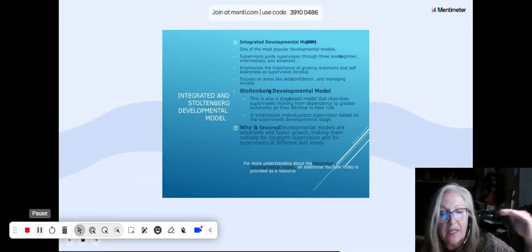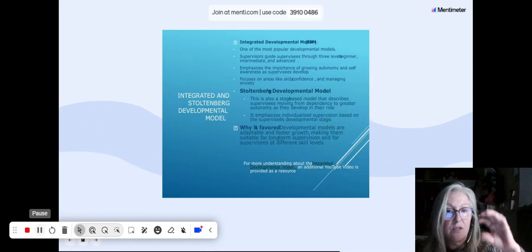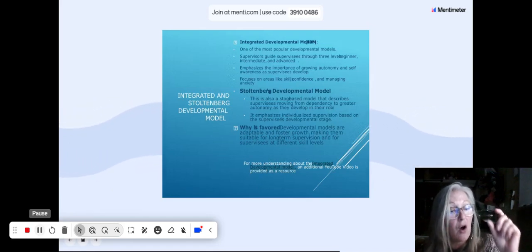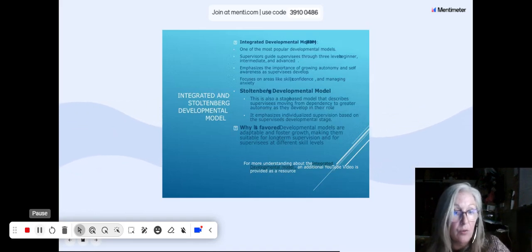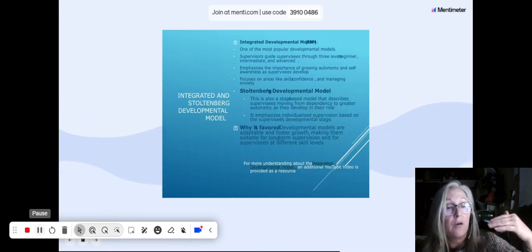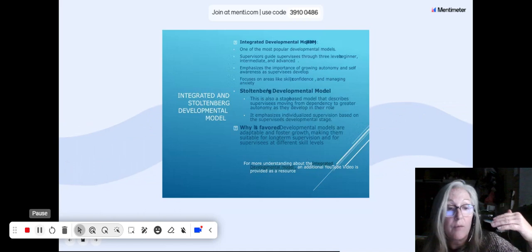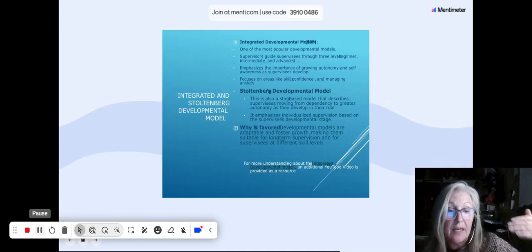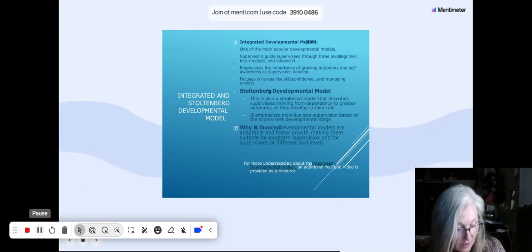And when you think about a chart, the different things that the supervisor does will be tweaked depending on what level you are as a clinician in that response or support. It focuses on getting you able to be an independent licensed clinician, because they want you to practice autonomy.